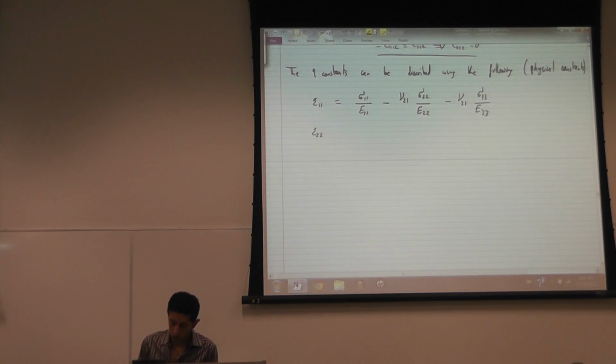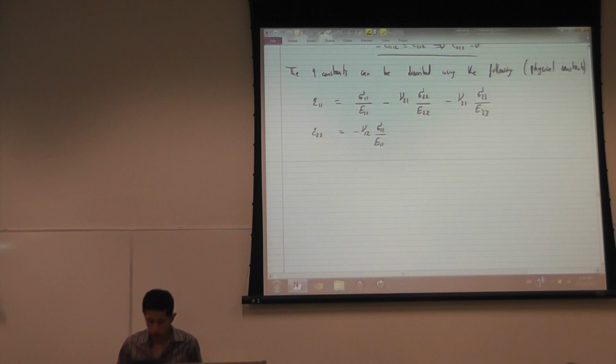Epsilon 2,2 is equal to negative Poisson's ratio 1,2 sigma 1,1 over E11, plus sigma 2,2 over E22, minus Poisson's ratio 3,2 sigma 3,3 over E33.